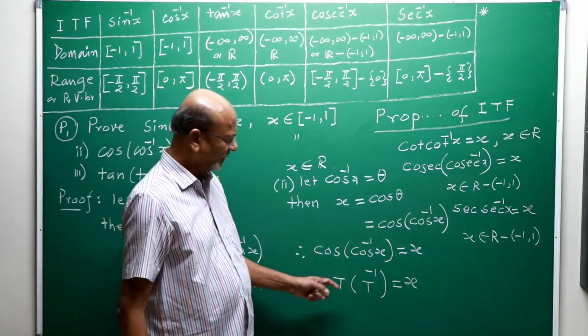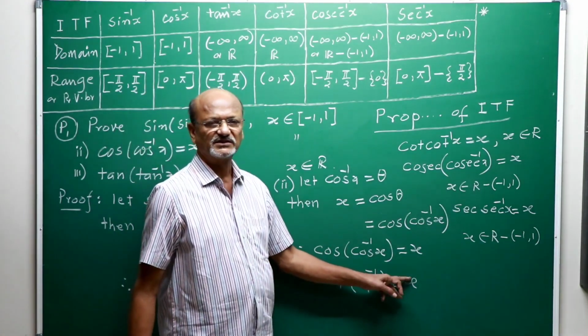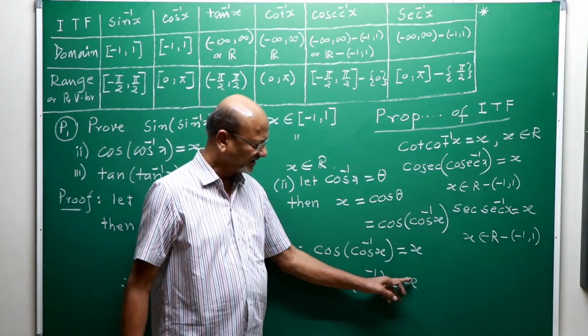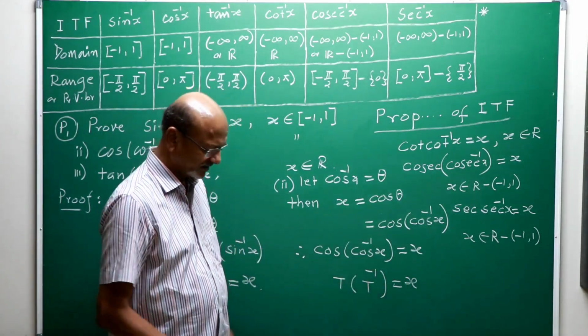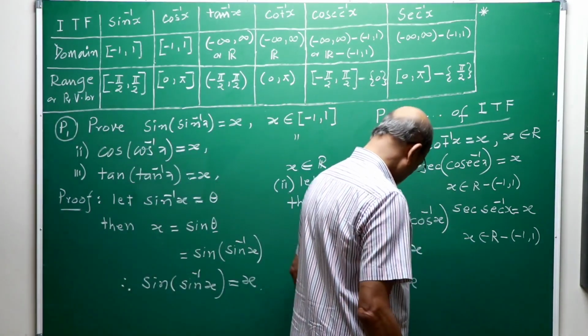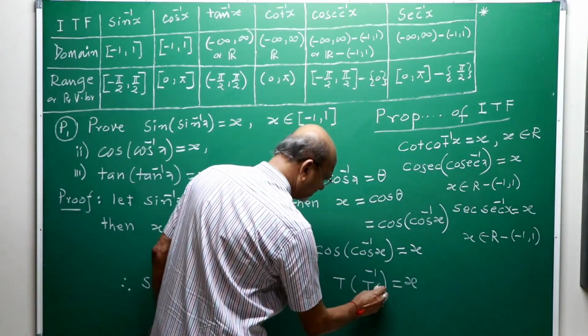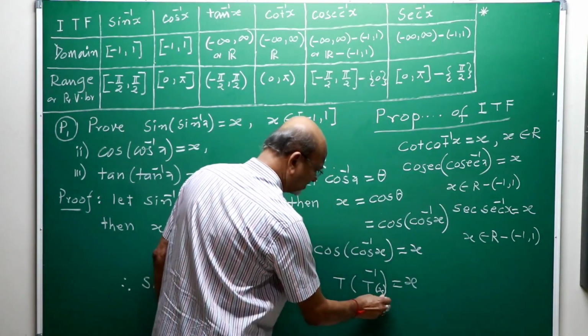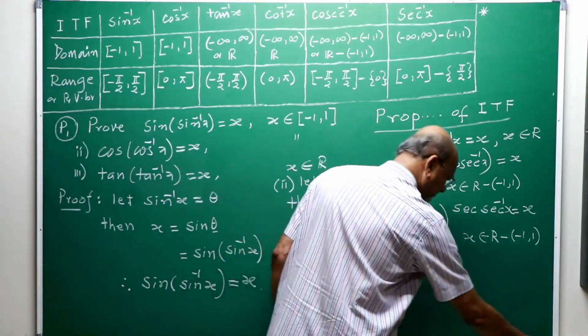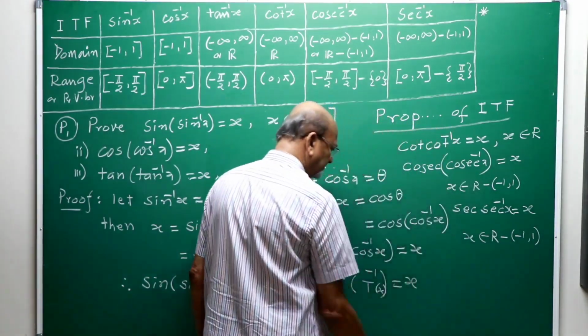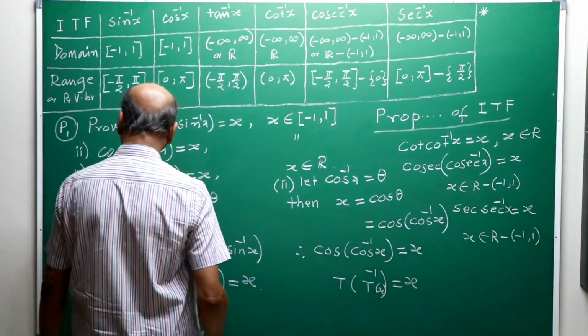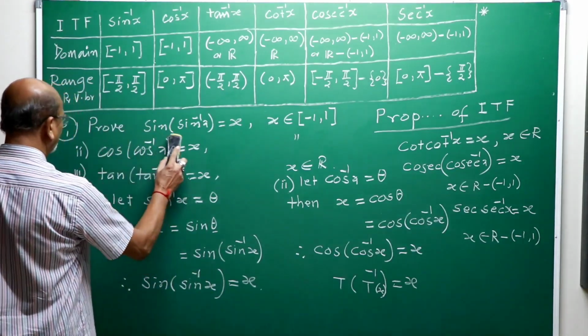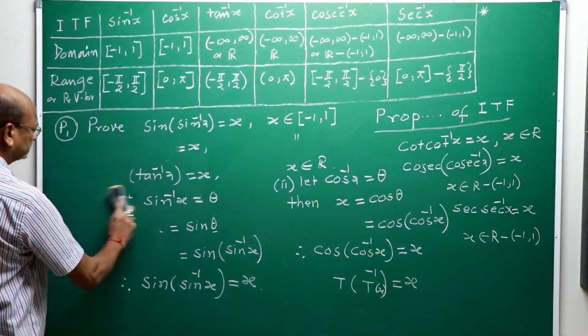Or you can write t of t inverse x is x itself. Is it correct? This is its inverse property. Yes, friends, this is the first property. Next property, second property.